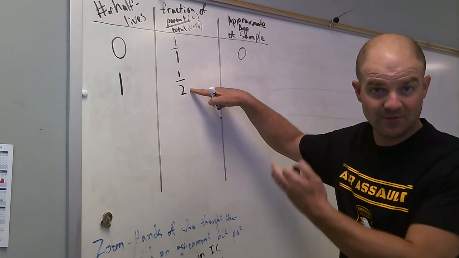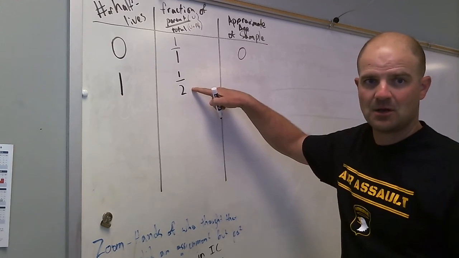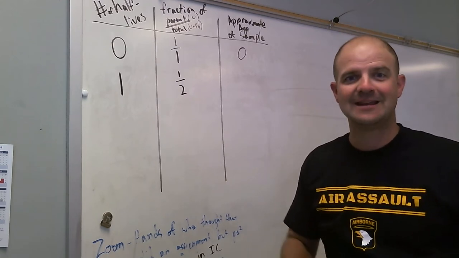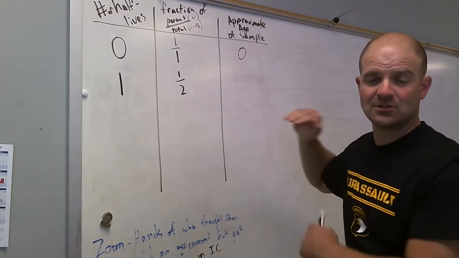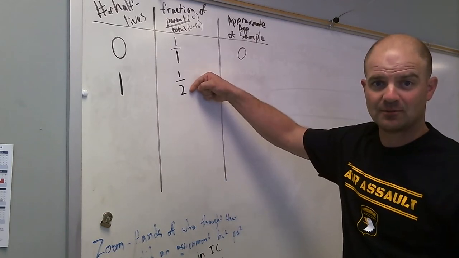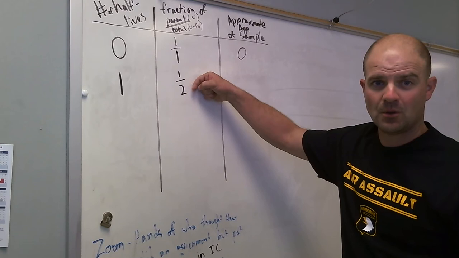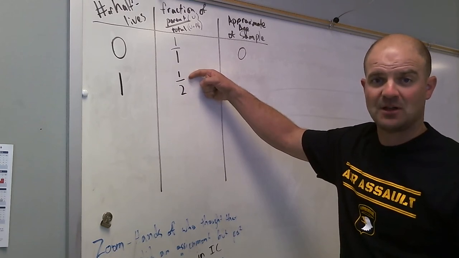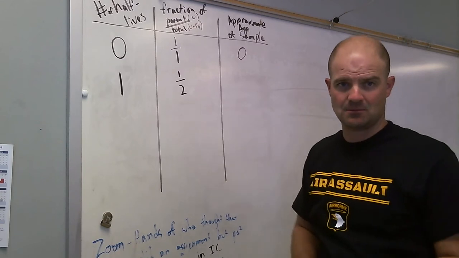One of each. This fraction could be 1,000 over 2,000, could be any number as long as it breaks down to 1/2, meaning that for every 2 parts of the total, 1 part is the parent isotope still. But the other part has decayed.